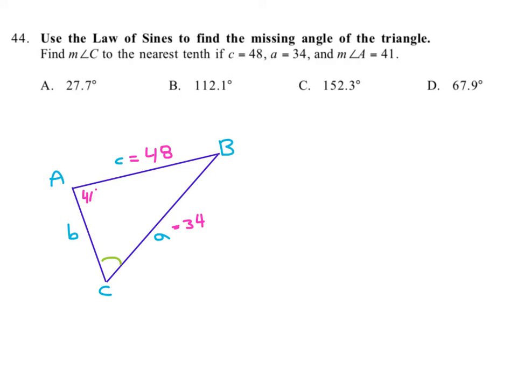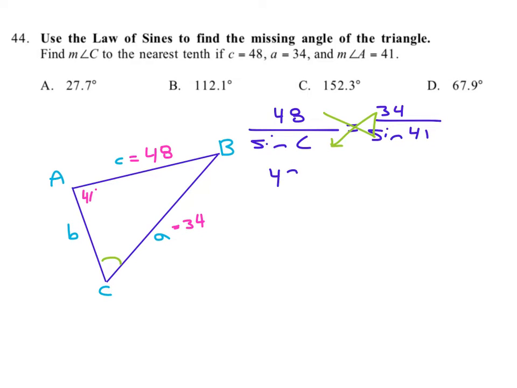Well, we take what we know, 48 over the sine of the angle across from it, sine C, we don't know, we're finding that one, equals 34, the side we know, over the sine of 41. And then we're going to do the picnic table method. This times this divided by this will give us the sine of C, which is not what we're looking for. We're looking for C itself, but that's a good start.